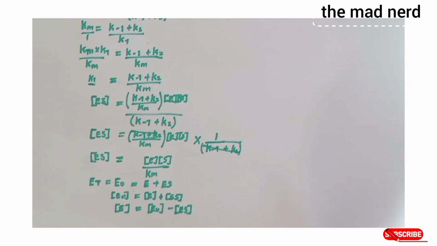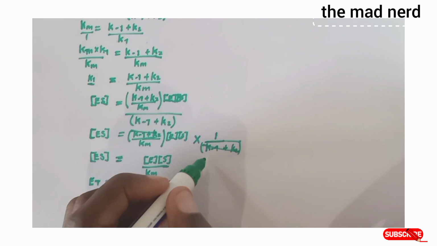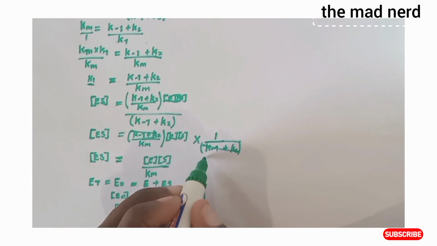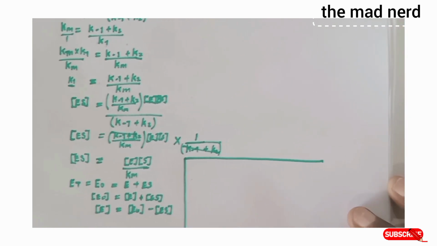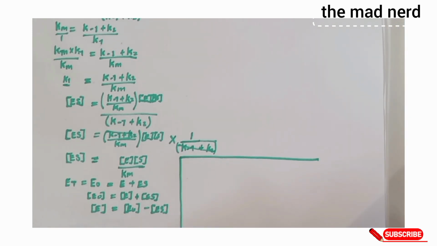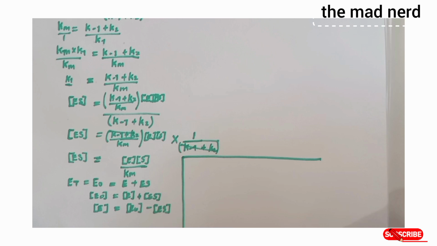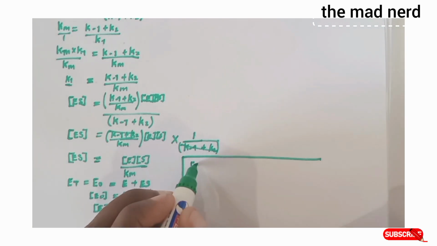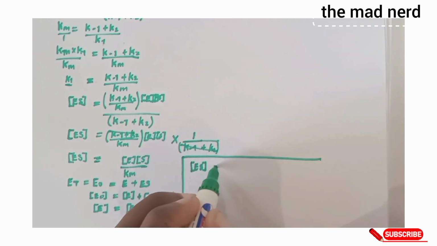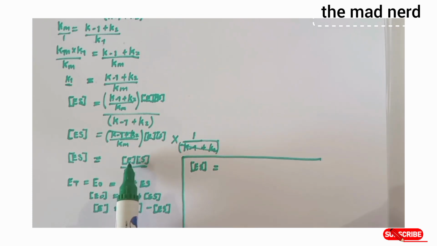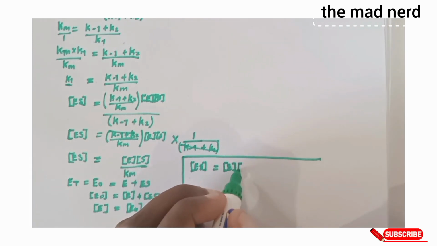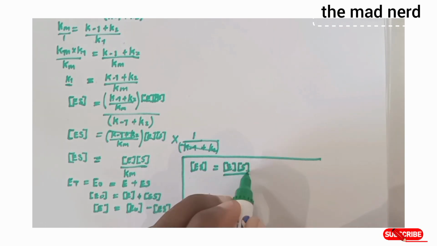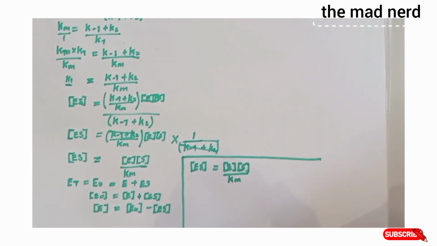What you can do over there now is to try and substitute the concentration of E. So now we have the concentration of ES that is equal to the concentration of E and the concentration of S over the Km.